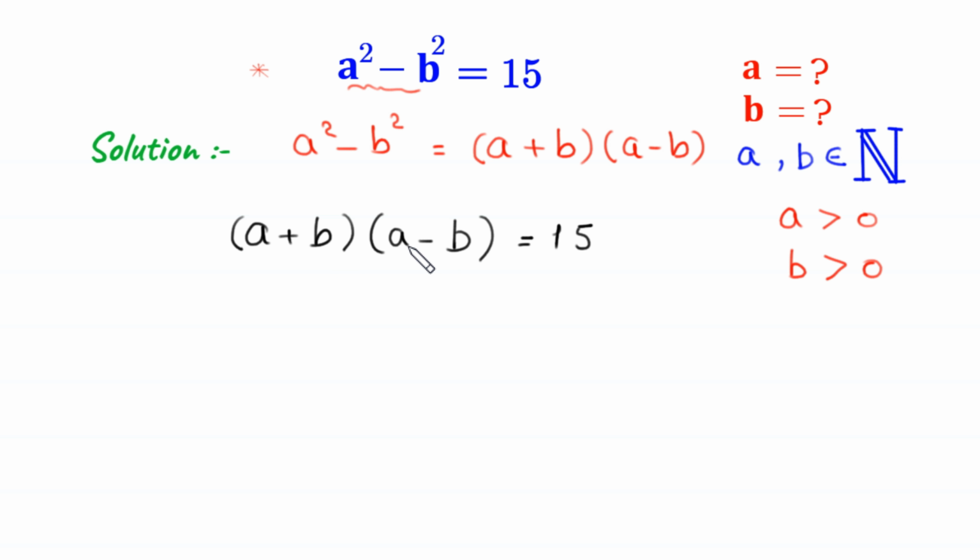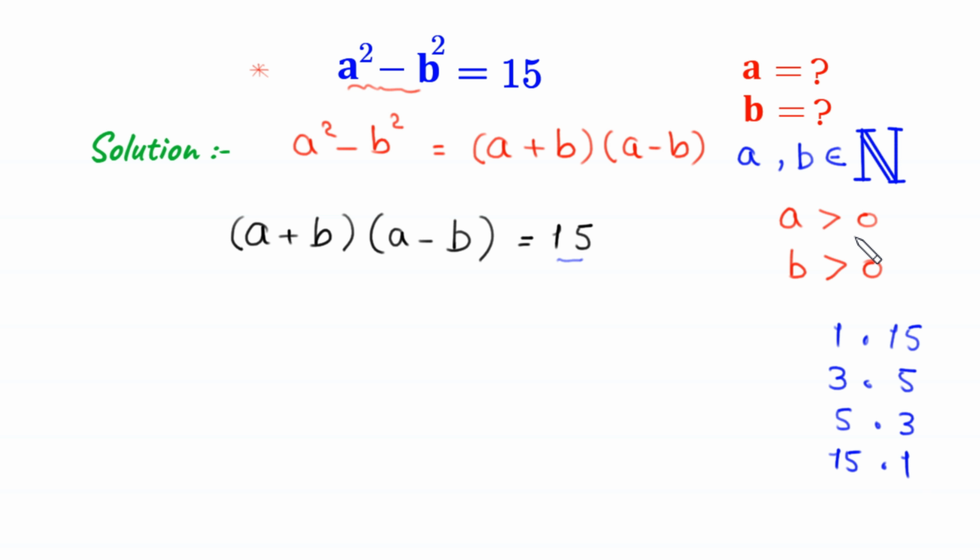Now we have product of two factors at left hand side. So we factorize this 15 as 1 times 15, 3 times 5, 5 times 3 and 15 times 1.